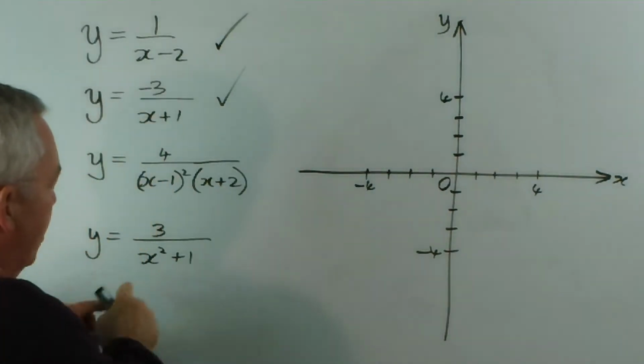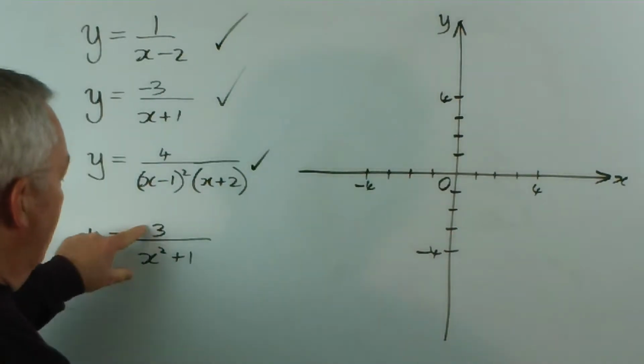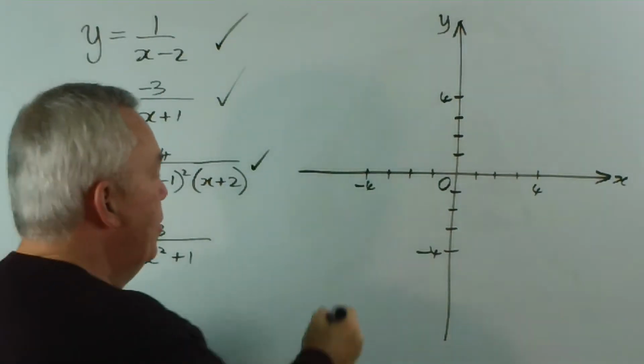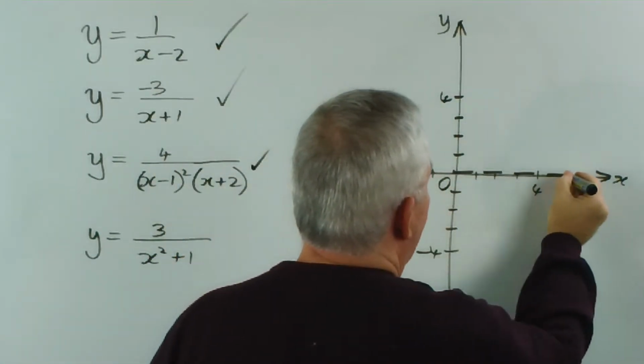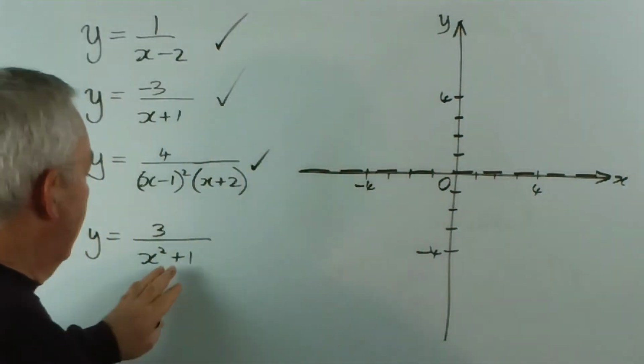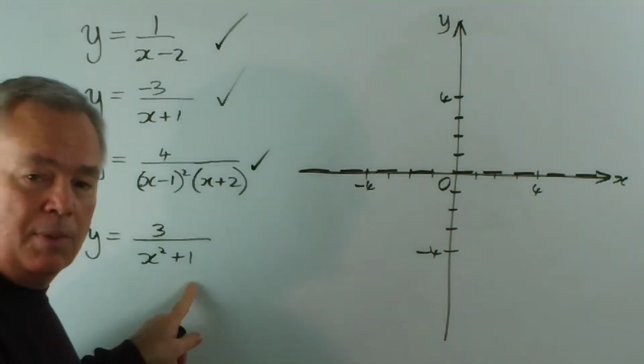Okay, we're looking at this one now. I should have ticked that one off. We first of all observe that it's type 1, which means our horizontal asymptote will be lying on the x-axis. Now, vertical asymptote, we cannot factorise this in the real number system.